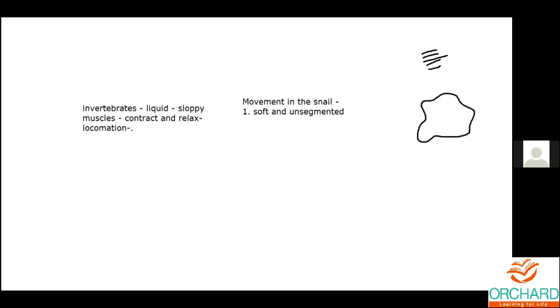You cannot segment it. But paramecium, okay, there will be two divisions. They can be segmented equally into two divisions. So that is called segmented or unsegmented. And snail is unsegmented, and they are not equally segmented in the body.